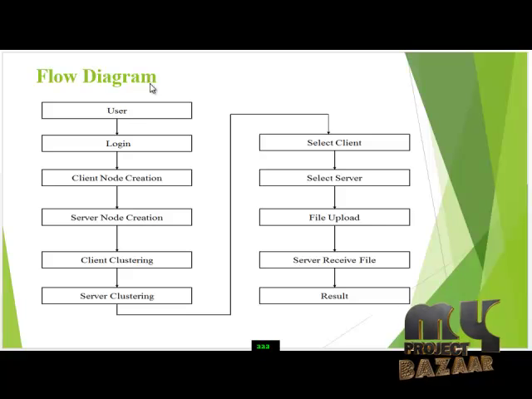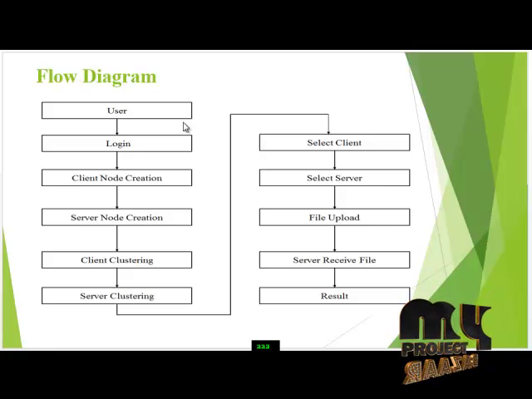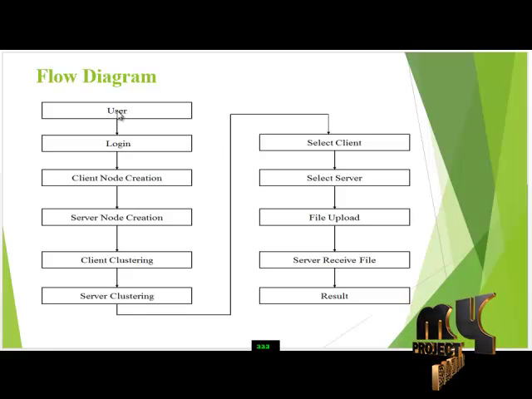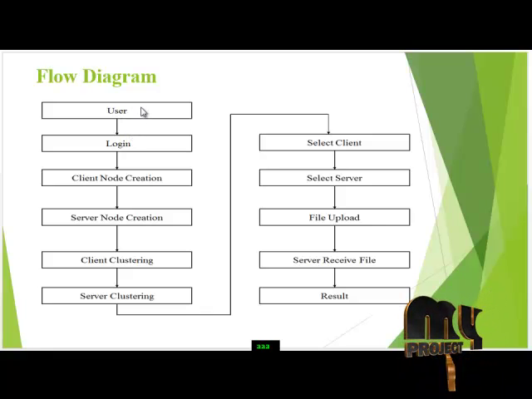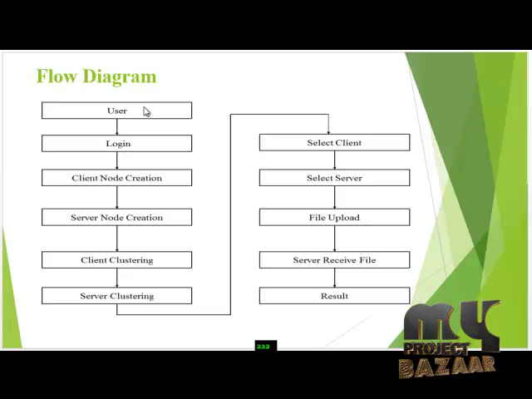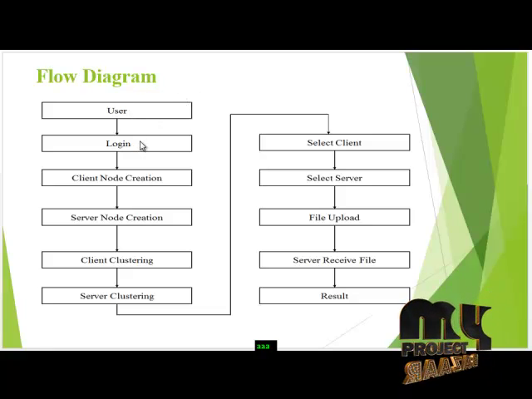Next we are going to discuss our flow diagram. This is the flow diagram. First of all, the initial phases are performed. If the user is an old user, they usually log in. If the user is a new user, registration is performed first, and after that, login. Next we go to node creation.